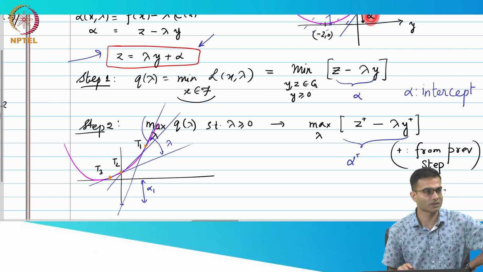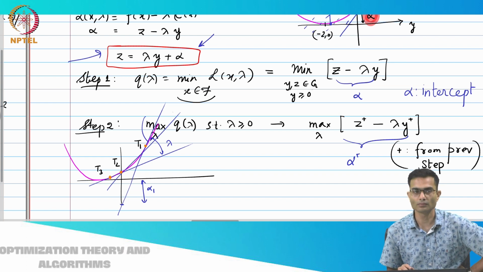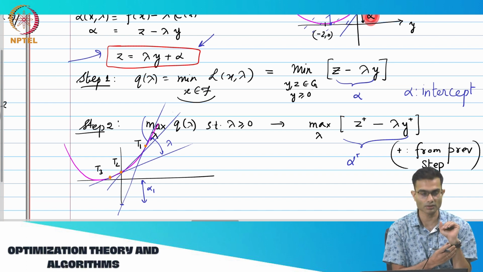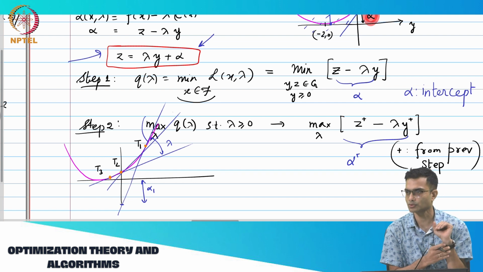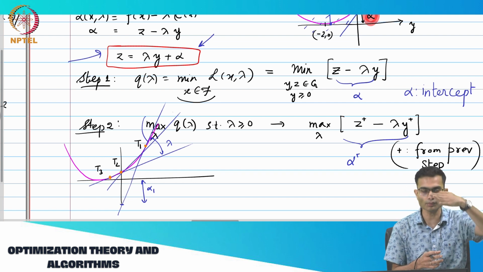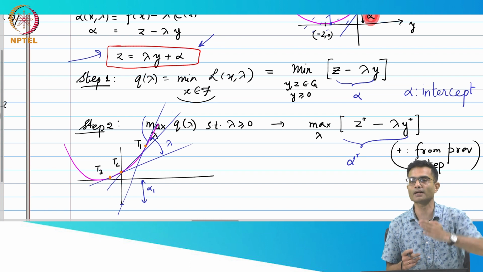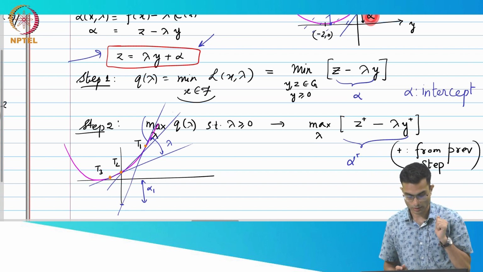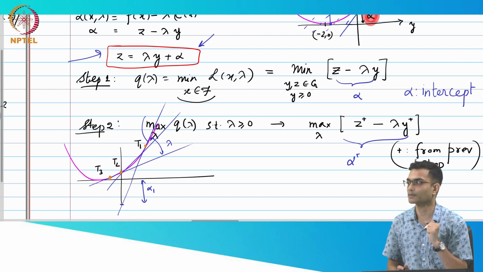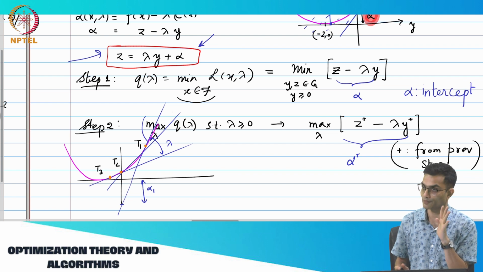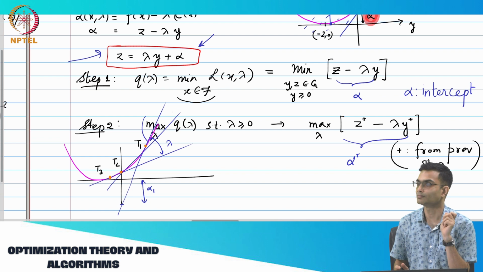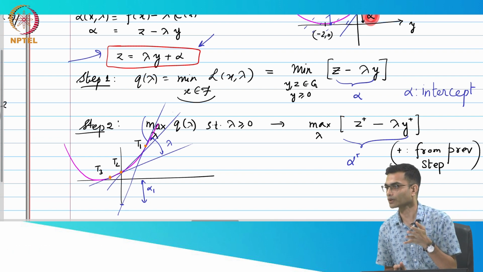T3 anyway is not feasible because that point is in y less than 0. What about T2? T2 is on the z axis, so it is feasible. And of all possible tangent lines, which one do you think will have the highest value of intercept? Not mod alpha, alpha. Who has it? T2, right?